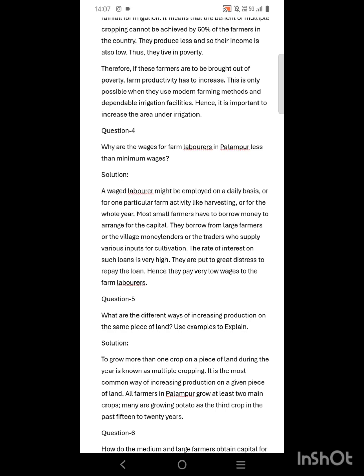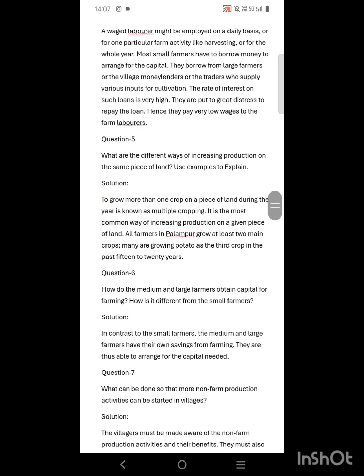They borrow money from the large farmers or from the money lenders or the traders who supply them the various inputs for cultivation. The rate of interest on loans is so high that they at times get into trouble to repay the loan. Hence, they pay low wages to the farm laborers.